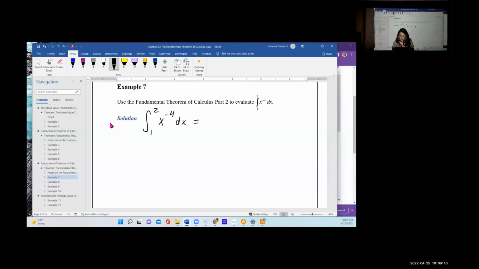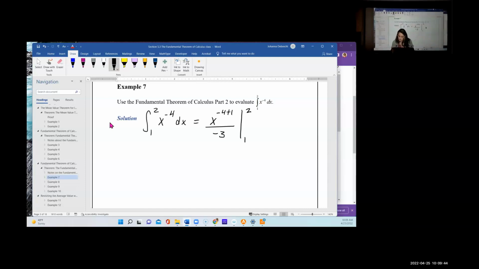So we're going to apply the power rule like we normally would by adding 1 to the power and dividing by the new power. Instead of a plus c, though, we're going to take c to be 0 so that it's less work, and we're going to substitute in the limits of integration. So we're going to evaluate this antiderivative function between 1 and 2.